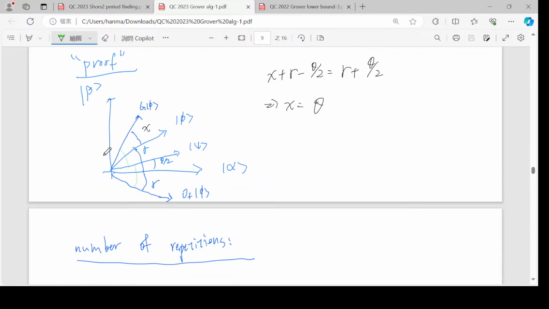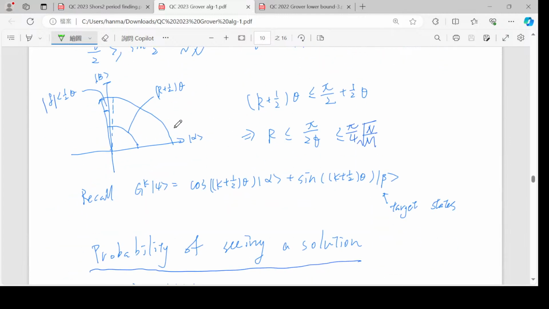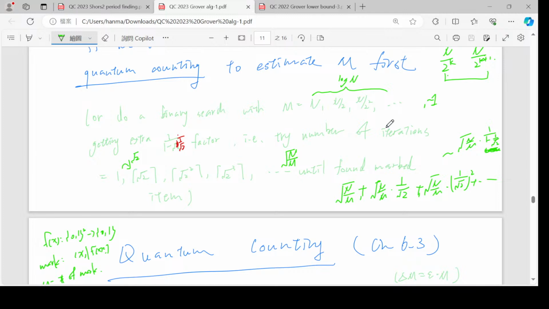Okay, but this requires that you know the number of marked items. If you don't know, then we have a very brief introduction, a very rough sketch here: you can do kind of a binary search.